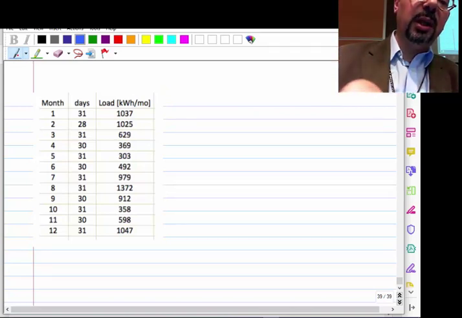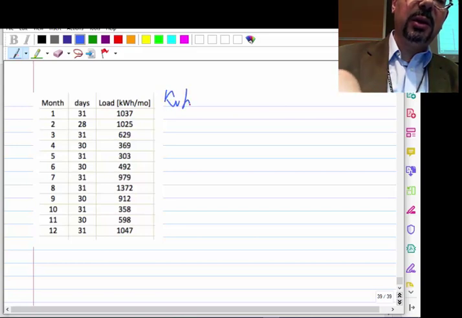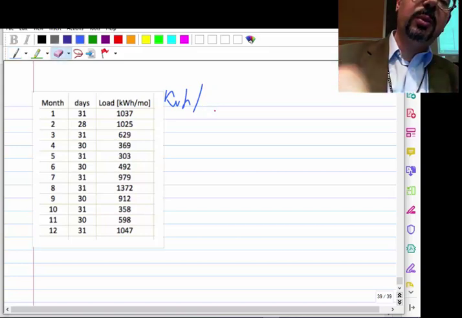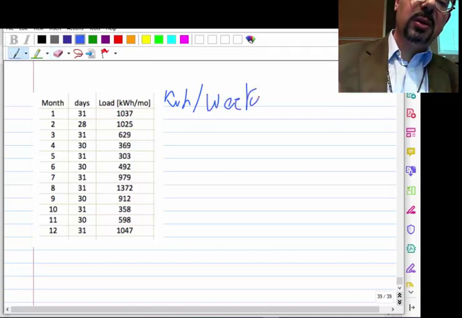We will get it by getting the kilowatt hour per day, and actually maybe we should do the kilowatt hour per week, because that's what they want to store, right? Because he wants 7 days of storage.